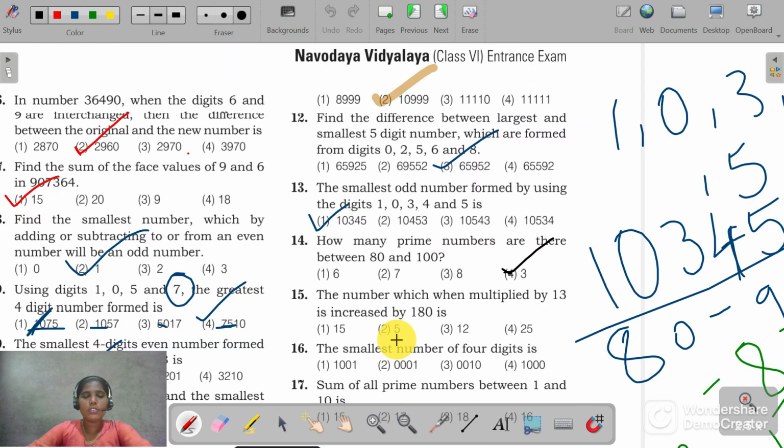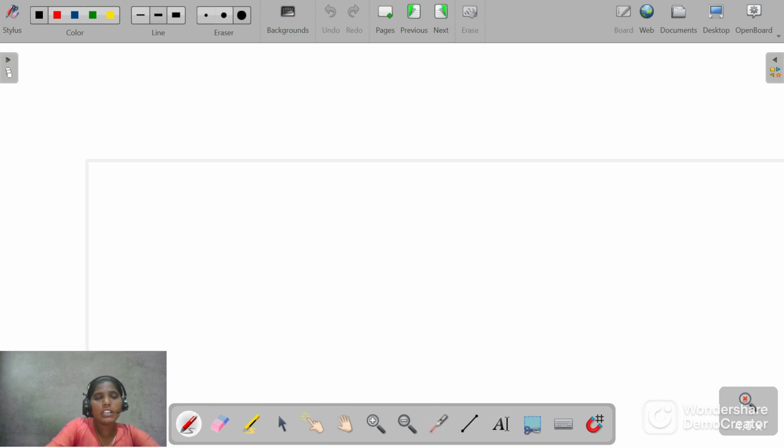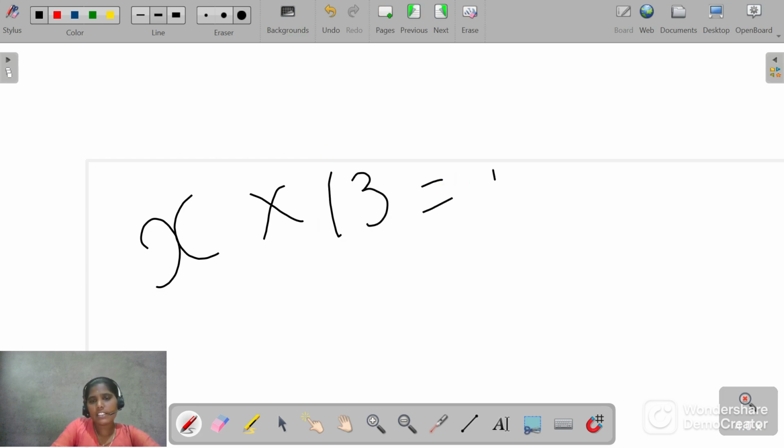So this particular 15th question: the number which when multiplied by 13 gives 180. We'll just write it down. Some particular number x is multiplied with 13, it will give the answer 180. So how will you find this?